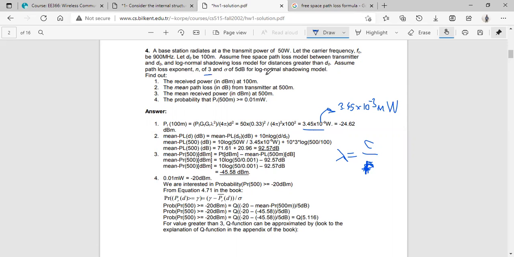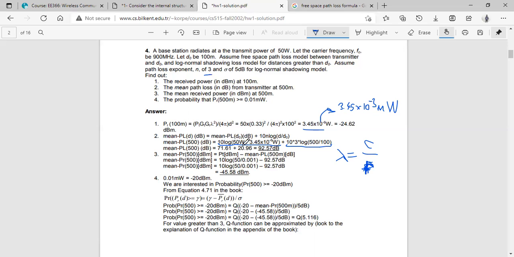The d0 value is given as 100 meters. So 500 divided by 100. Evaluating these values, this term is going to give us 71.61 dB, plus this value over here, 20.96 dB.